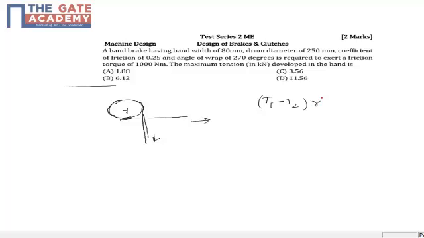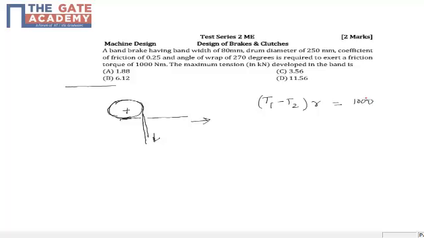Basically, these bands are always tangential to that circular drum, and so T1 into R provides the moment of each of these tensions, and T1 into R minus T2 into R is the net effective opposing torque. So this is called the braking torque, and the braking torque is given as 1000 Newton meter.